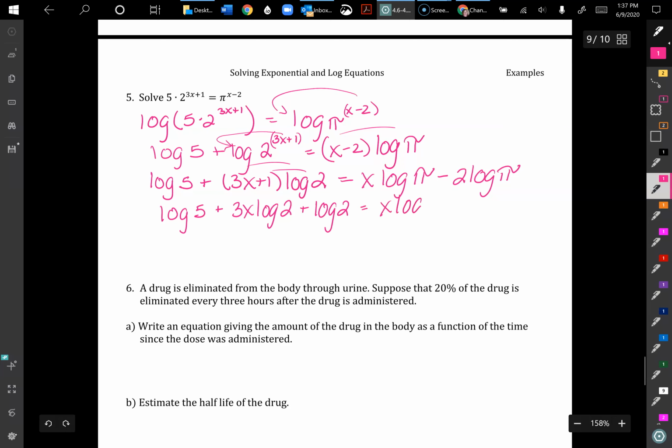Now estimate the half-life of the drug. So that means my end amount would be a half of the initial amount. So half A sub 0. And then I have A sub 0 times 0.8 to the T over 3. Now, one thing you can do, you don't really need to have that there.